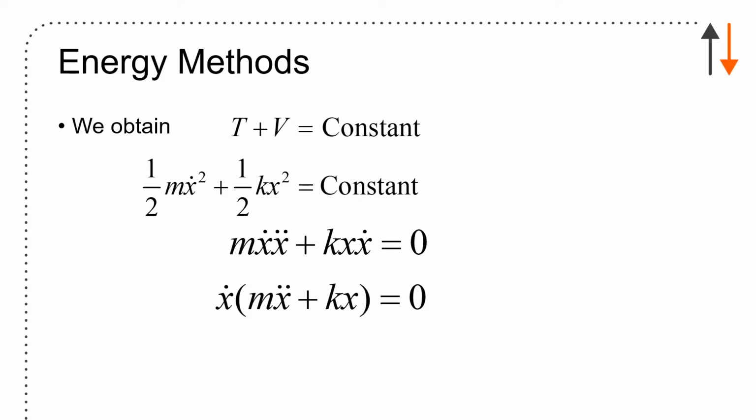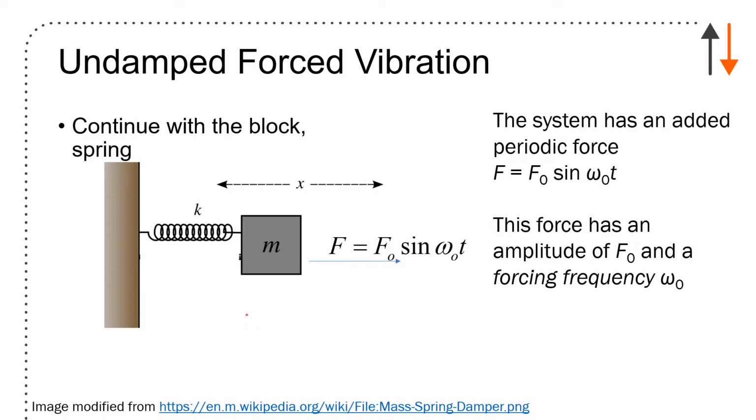If you put all the terms together, you can say T plus V equals a constant, 1/2 m x dot squared plus 1/2 k x squared. Do the derivative, these terms are going to disappear, and you end up with this expression, and you can say, well, that's the same as before.